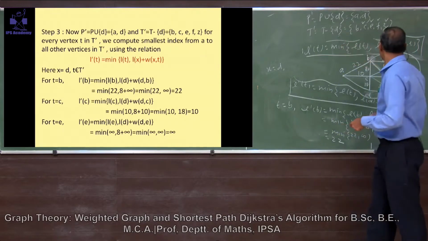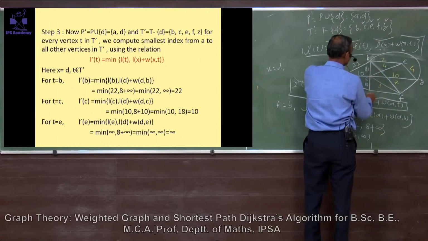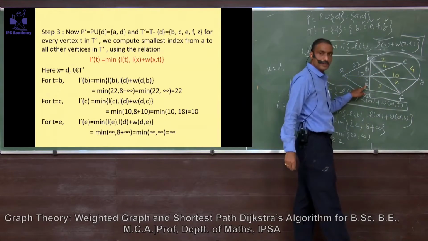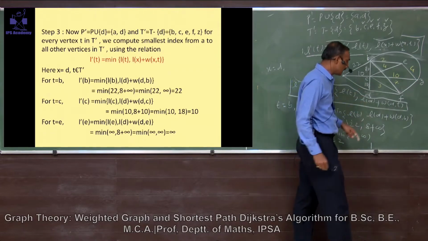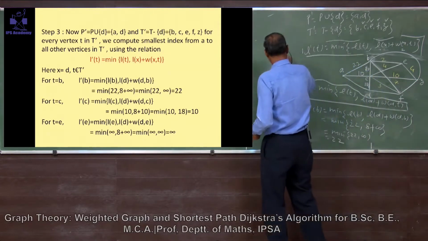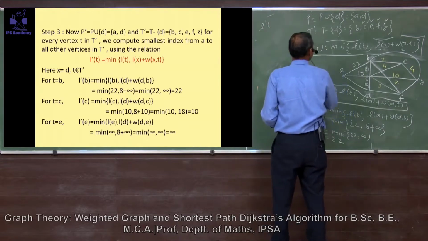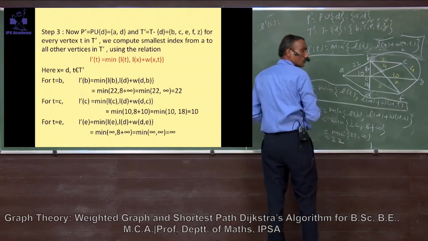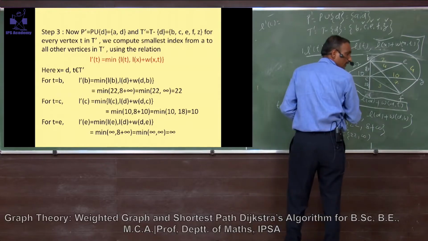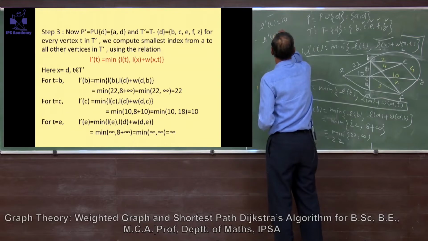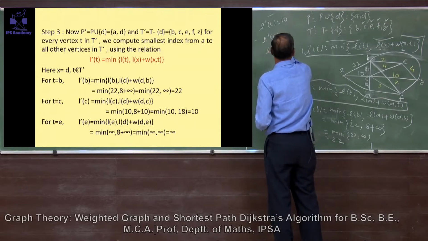D, comma C are directly connected, and the weight of this edge is 10. So we put 10 here. Then we get L dash C equals 10. Similarly, we get L dash E, L dash F, and L dash Z.